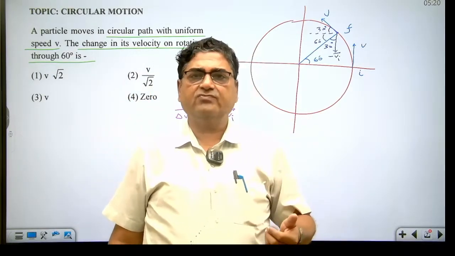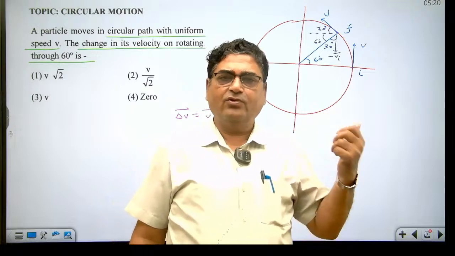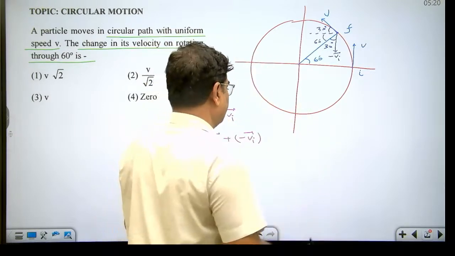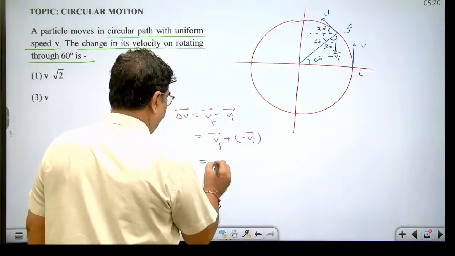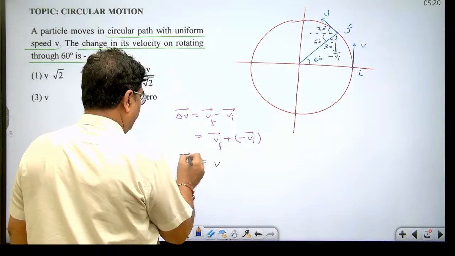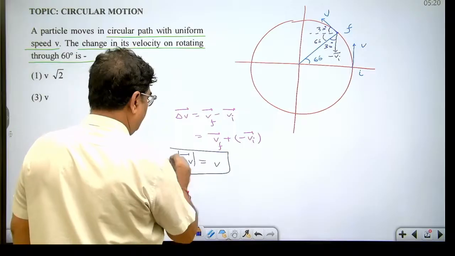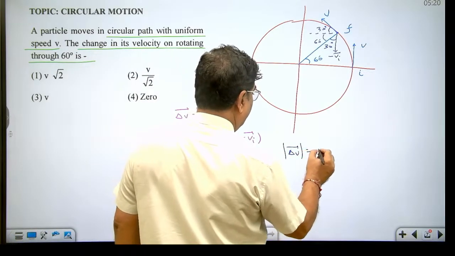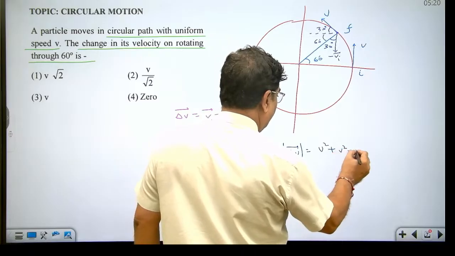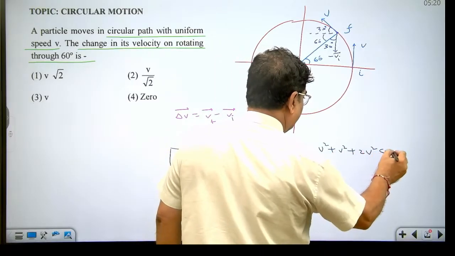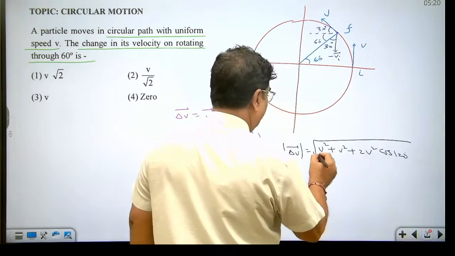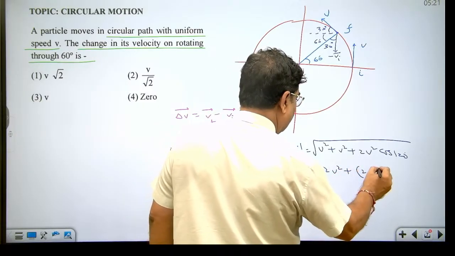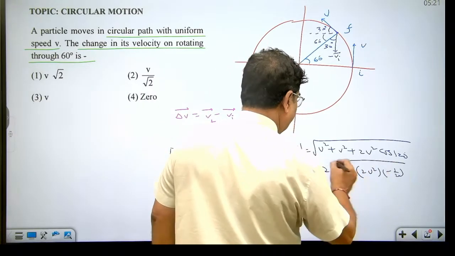V square plus V square plus 2 V square cos 120. The value of cos 120 degrees is equal to minus half. Okay, that also you can use. So here the change in velocity will be equal to v, or you can use the formula: v square plus v square plus 2v square cos 120 degrees, which is 2v square plus 2v square times minus 1 upon 2.